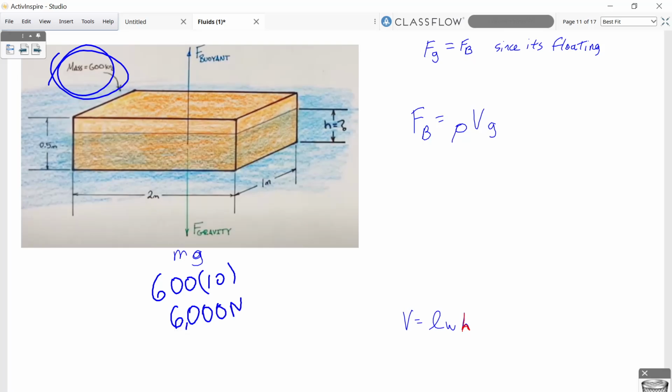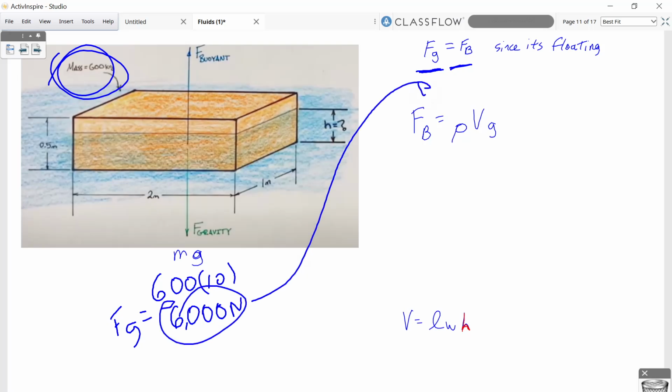So notice up here I have the force of gravity is going to equal the buoyant force because it's floating, okay? So whatever number we get here, I can just plug it in here for my FB. Okay, and then here, for rho, we're going to plug in the density of water, which is always 1,000. Again, I will cover why that is later on.